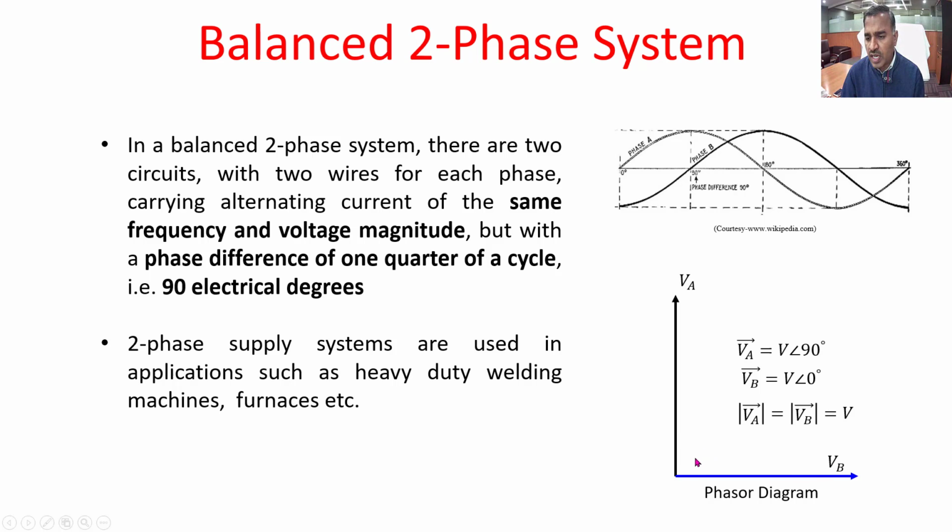VB is 90 degrees lagging, but the voltage magnitude is the same: magnitude of VA equals magnitude of VB equals V. This is how the time domain voltages will look, with a phase difference of 90 degrees. Two-phase supply systems are used in applications such as heavy-duty welding machines, furnaces, etc.